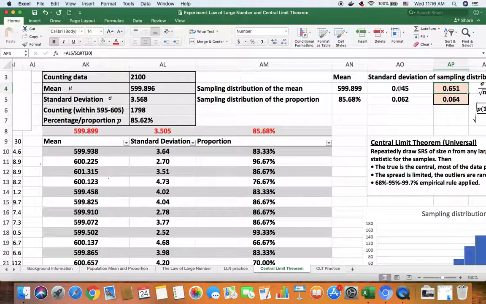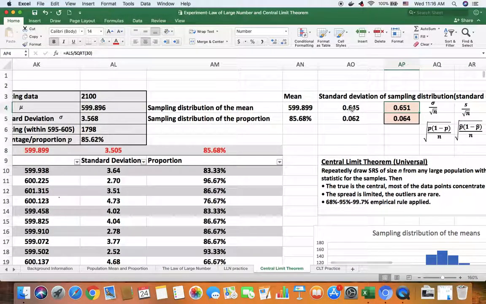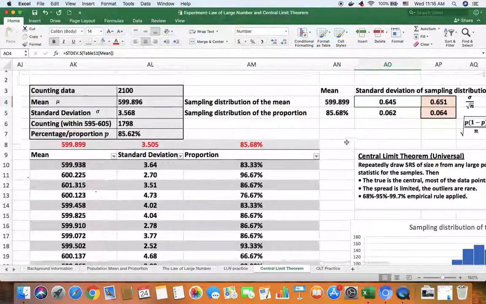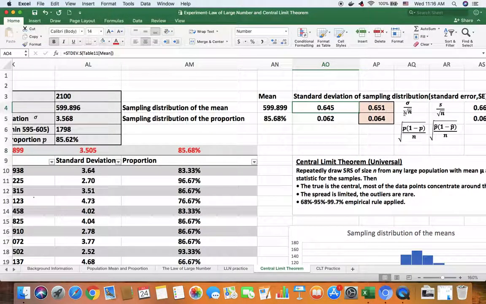Theoretically, this value will be exactly equal to the population standard deviation divided by the square root of the sample size. But right now we only have 1,000 samples. That is why these two values are slightly different.